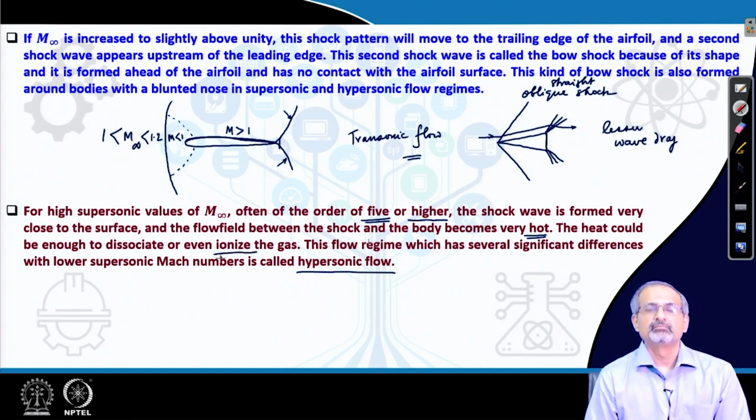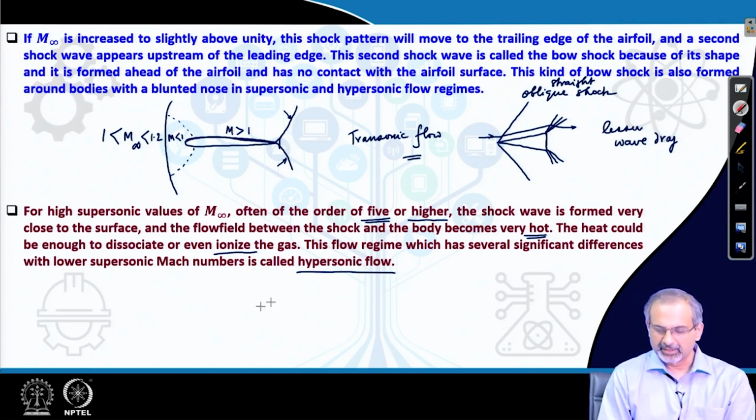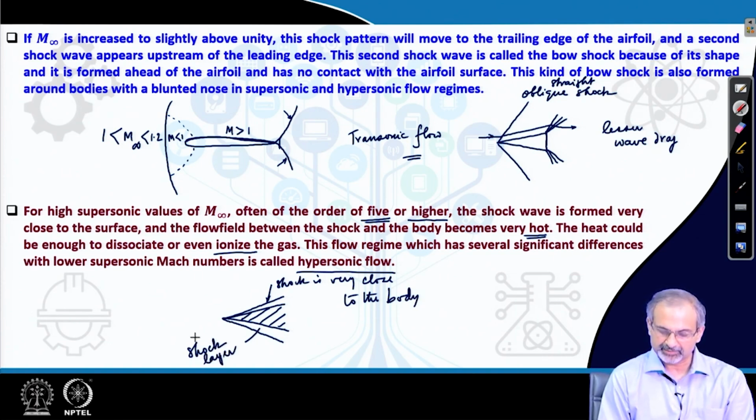There are more issues with hypersonic flow, which we will discuss later, but for the sake of completeness, let us make a very small sketch here, so that you have a good idea of the entire range of Mach numbers. As we were saying, the shock is very close to the body, and the flow lying in between the shock and the body we call a shock layer. That is a very thin one, and it is very hot.